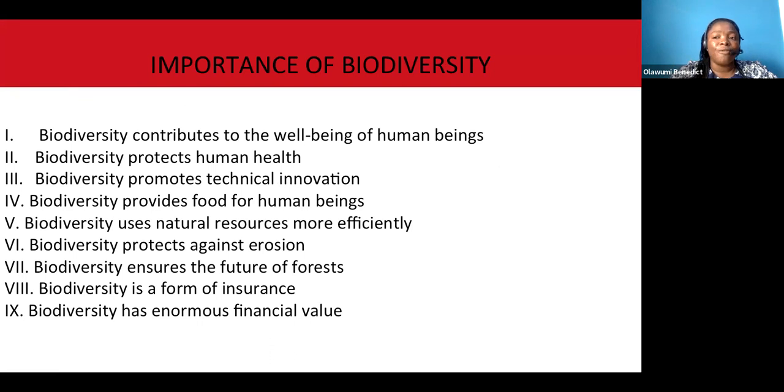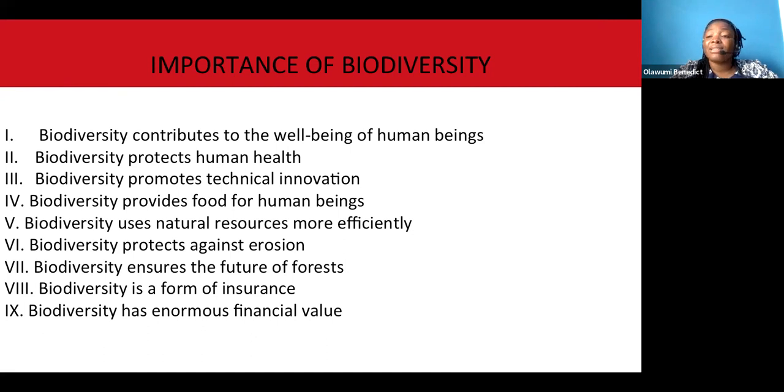It promotes technical innovation, because so many innovations are springing up even with biodiversity. It provides food for human beings and even for the animals. It is used as natural resources more efficiently. Biodiversity uses natural resources more efficiently. They help us not to waste resources, because these micro and macro organisms thrive there.